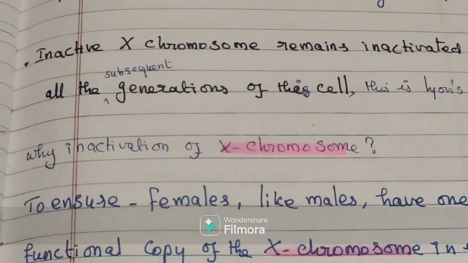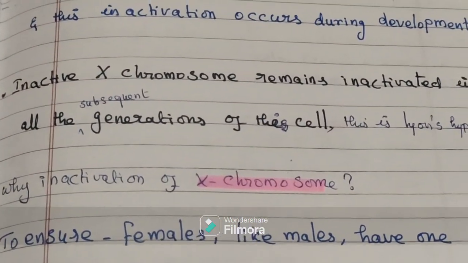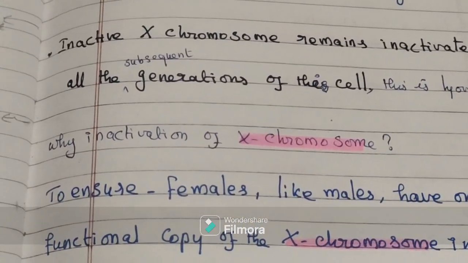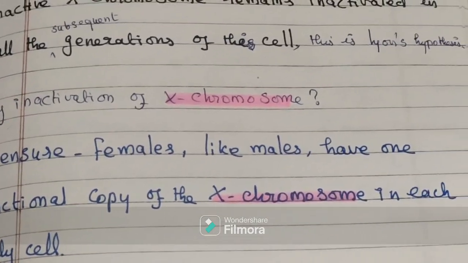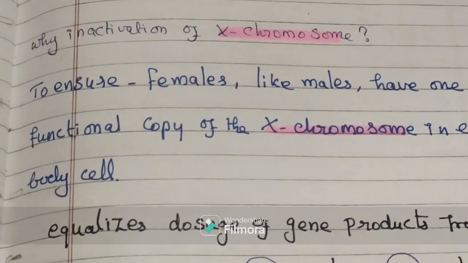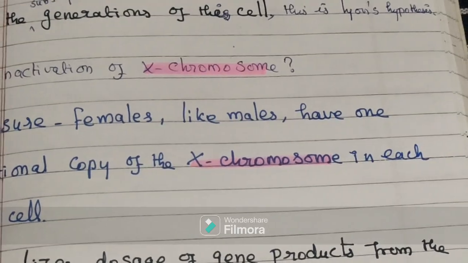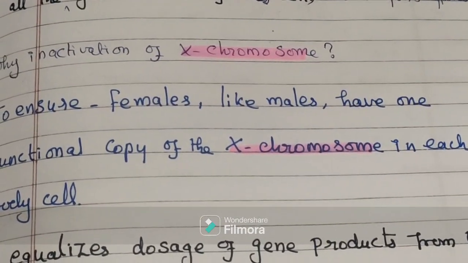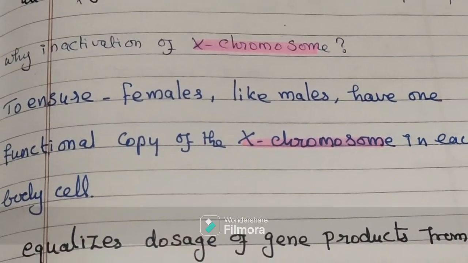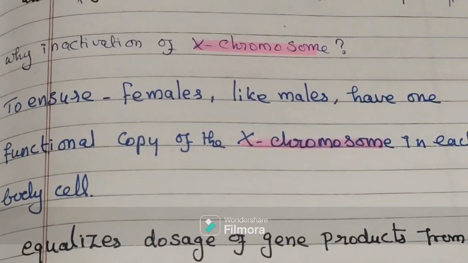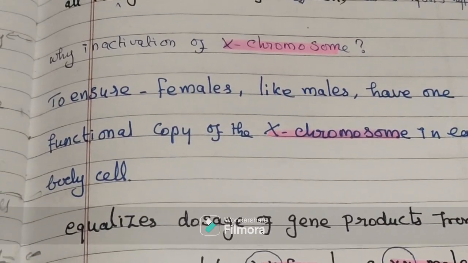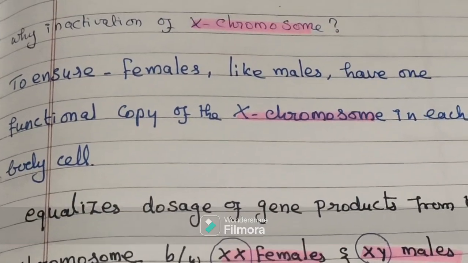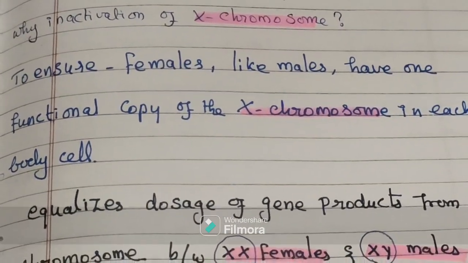Now, why inactivation of the X chromosome? It is to ensure that females, like males, have one functional copy of the X chromosome in each body or somatic cell.